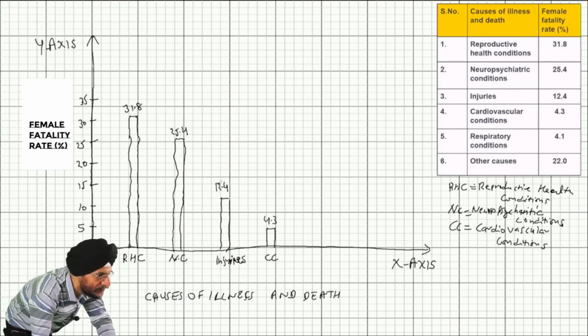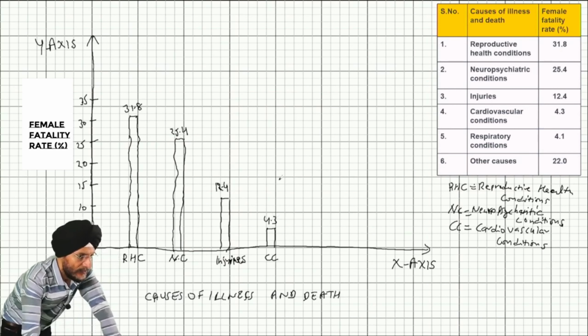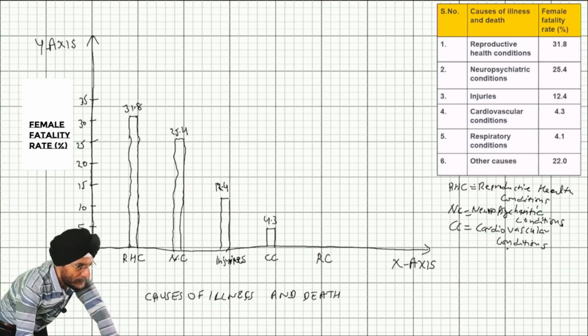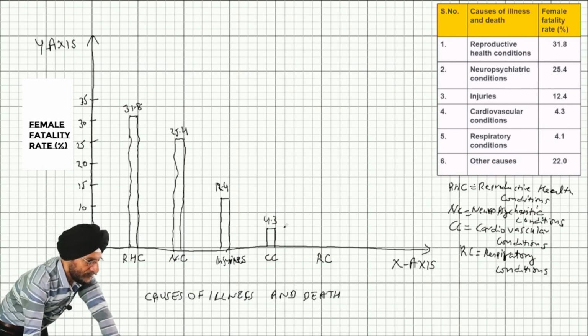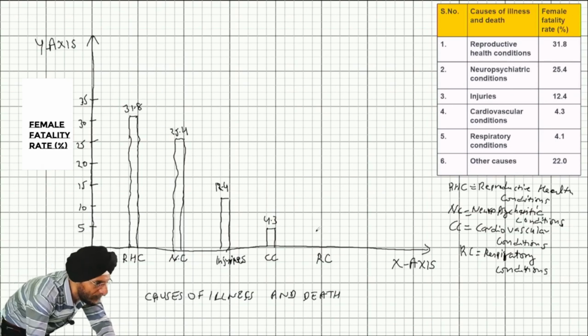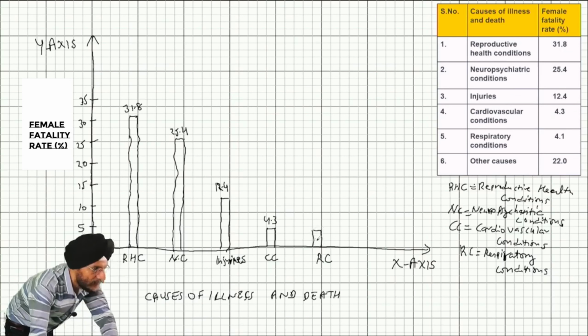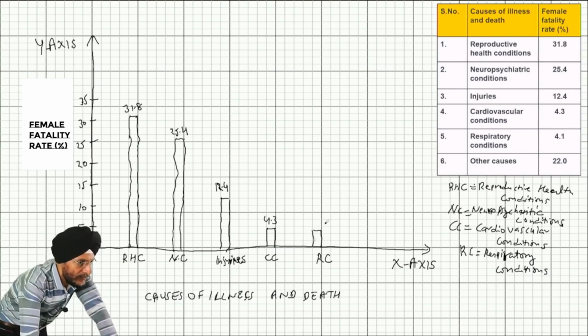Next is respiratory conditions. This is 4.1. This will be somewhat near it. This is respiratory conditions. This will be 4.1.